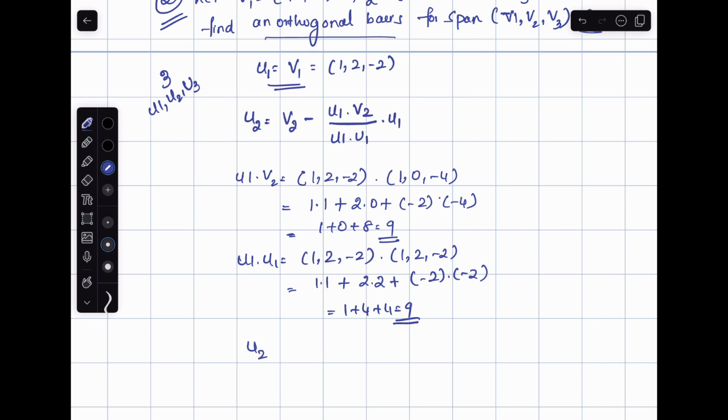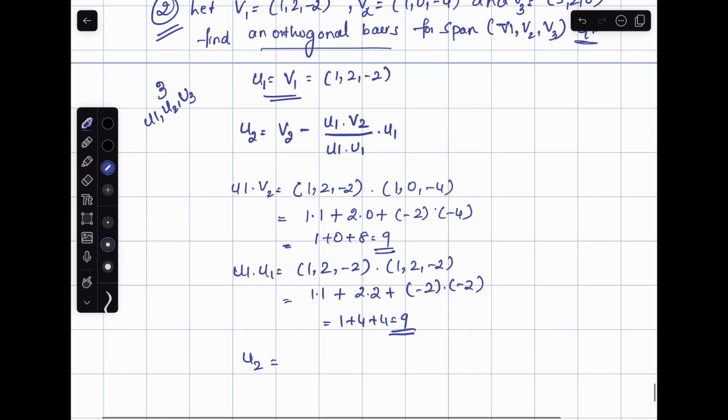So u2 is v2, which is (1, 0, minus 4), minus numerator divided by denominator, that is 9 by 9, times u1, which is (1, 2, minus 2).